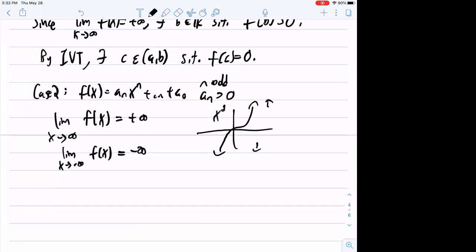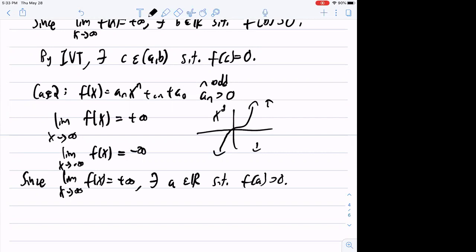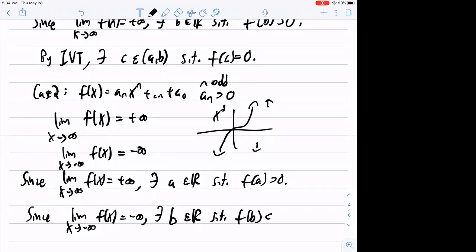So again, since the limit equals plus infinity, there exists a in R such that f of a is bigger than 0. Since the limit as x goes to negative infinity of f of x is negative infinity, there exists b in R such that f of b is less than 0, right?